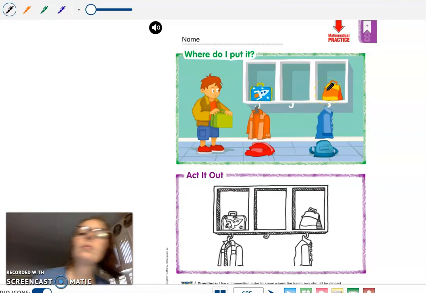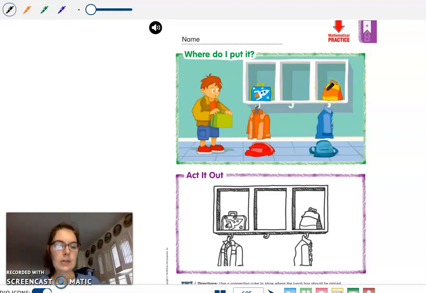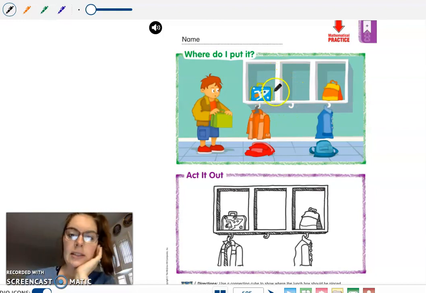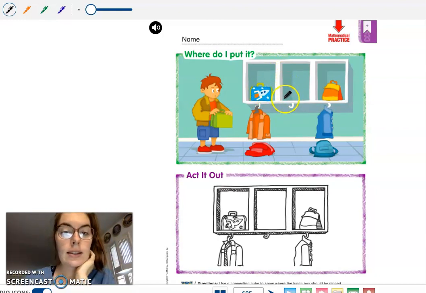So where do you think he should put his lunchbox? Should he put his lunchbox on top of this lunchbox? Probably not. Do you think he should put it inside of this cubby? I think he could. And then it would be beside one lunchbox and beside the other.